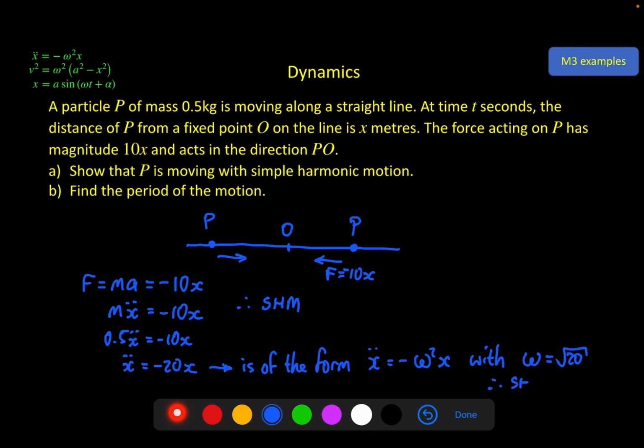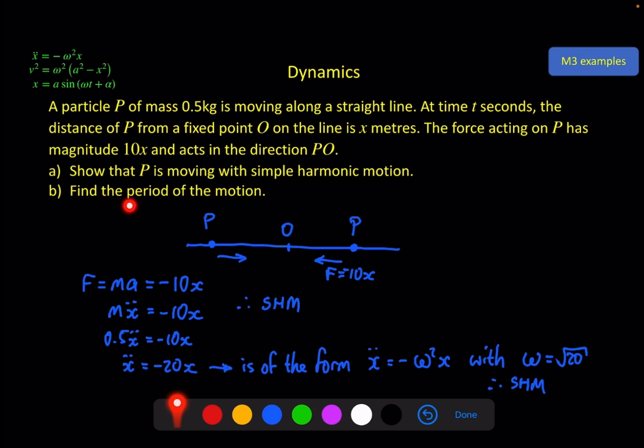Therefore, simple harmonic motion. I don't think you need this bit here, but my point is that you should put something. Don't just leave it there. You should make it clear to the examiner that you understand this is enough to say, yes, I've got simple harmonic motion. So that's part A.